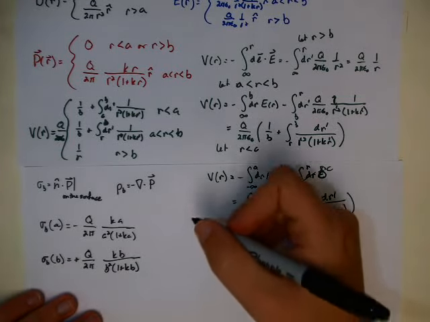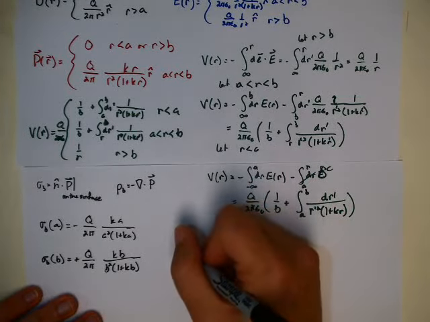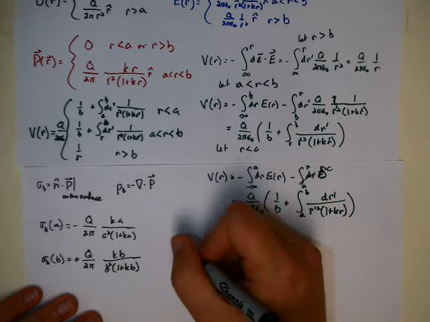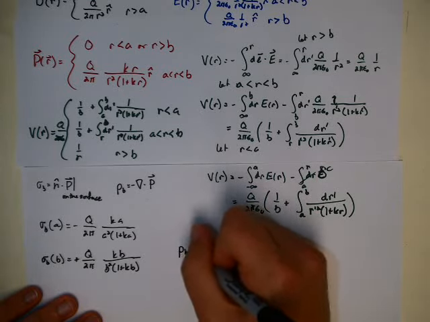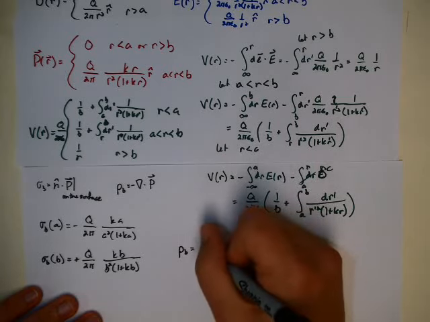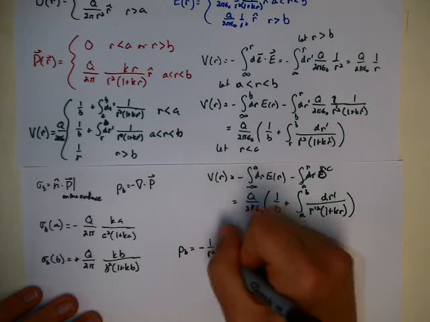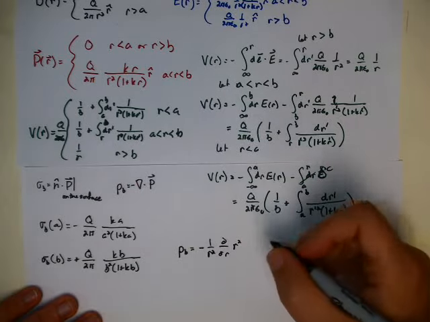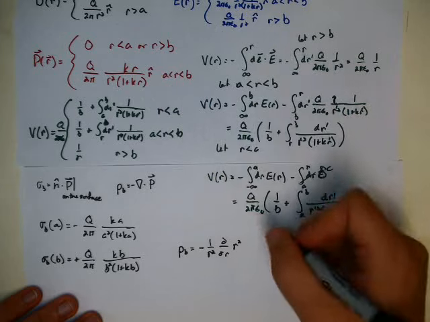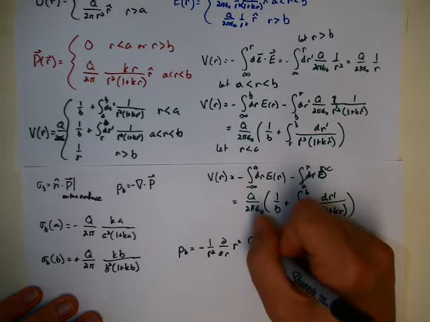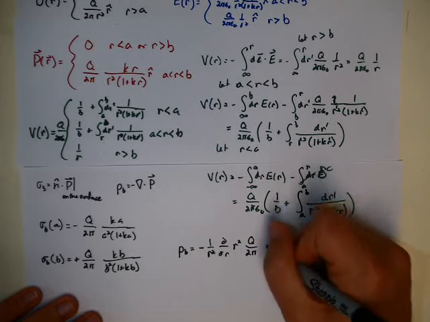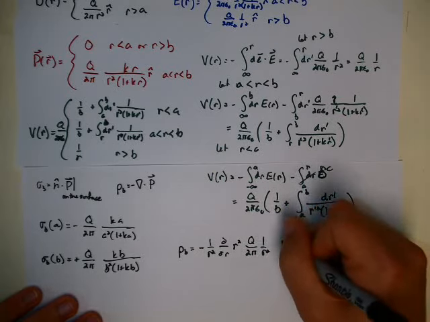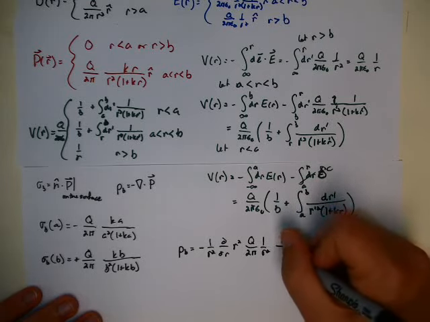Now the divergence, in this case we do want to evaluate in spherical coordinates, and so what we'll do here is we'll take this rho b is going to be equal to minus 1 over r squared partial with respect to r of r squared times the r component of this P vector, which is just this. And so this is Q over 2 pi, 1 over r squared, Kr over 1 plus Kr.